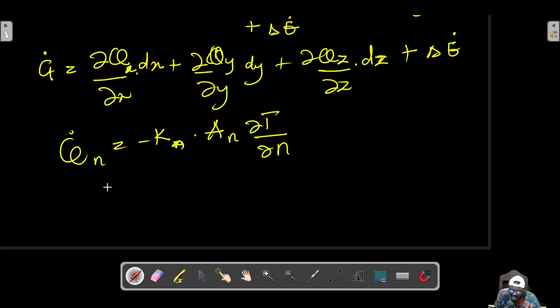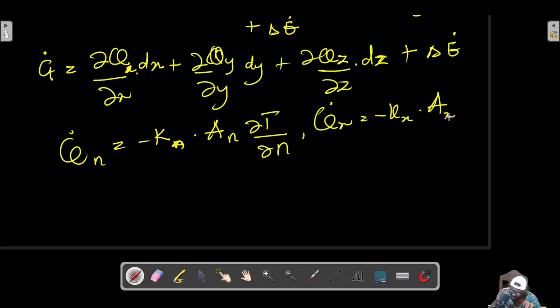Now we'll have to substitute this in terms of the respective axis, that is x, y, z, into the equation. How is it done? From this particular equation, Q subscript x dot is equal to negative k along x times A along x.